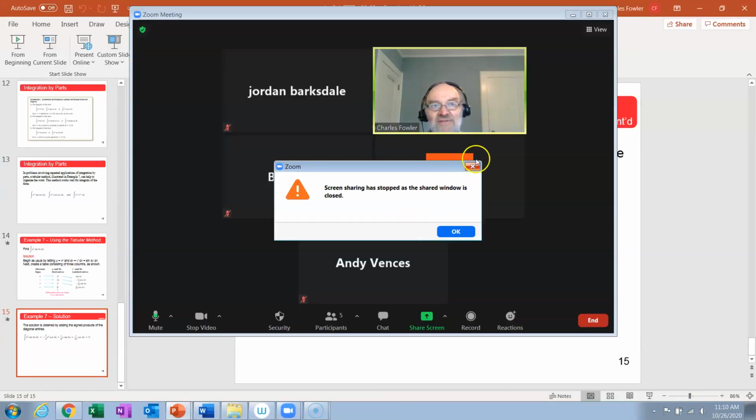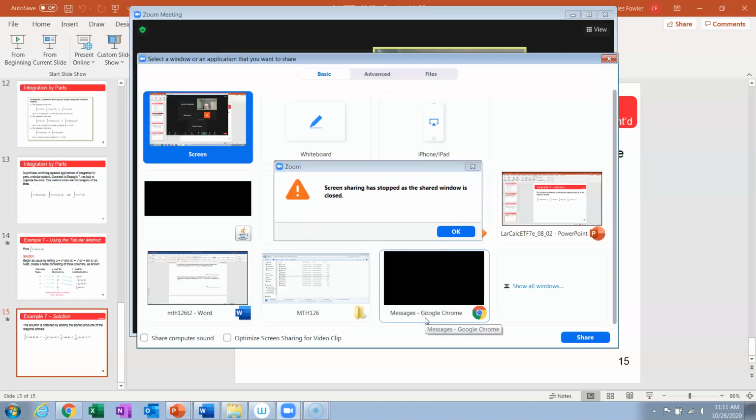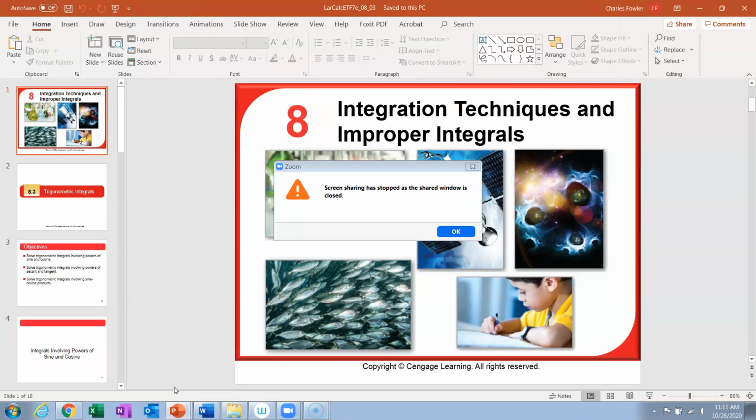All right, so let's end. Now I've got to get to 8.3, and I don't know why it does it. I had it up here, it was there, and now it's not there, so I have to do that.